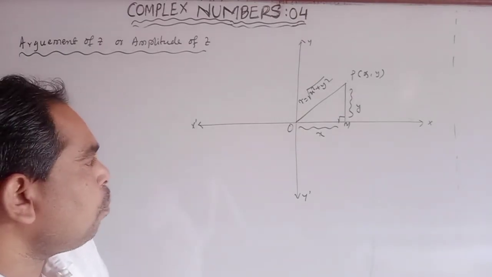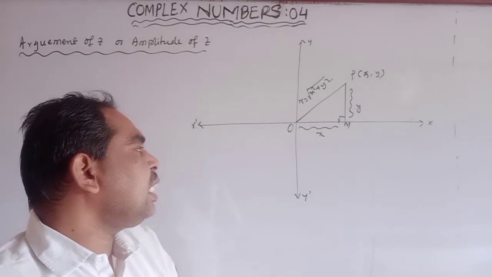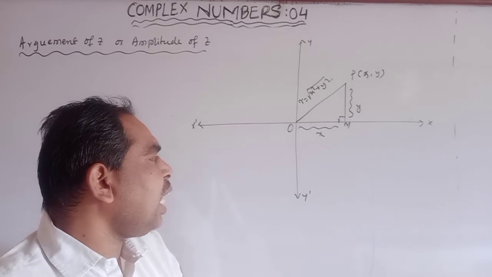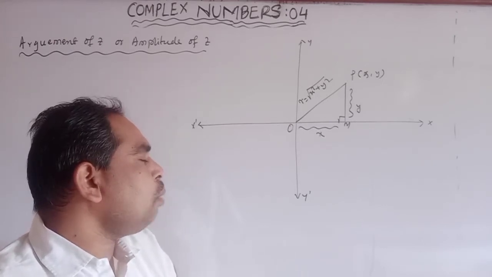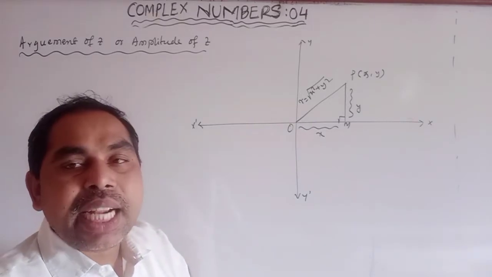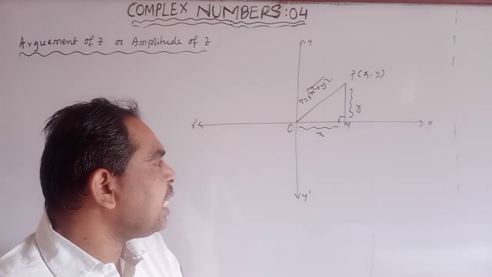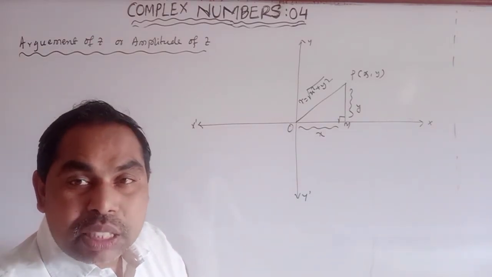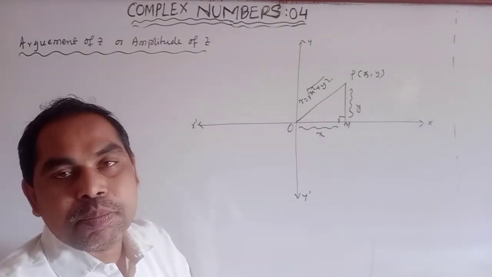Suppose the line OP makes theta angle with positive x axis or positive real axis in positive sense, that means anti-clockwise sense, then the angle theta is called argument of z or amplitude of z.